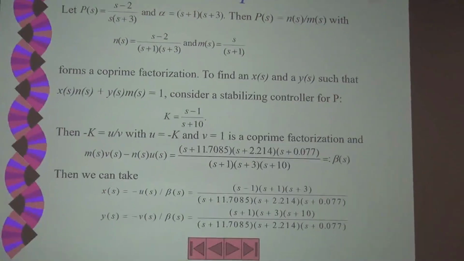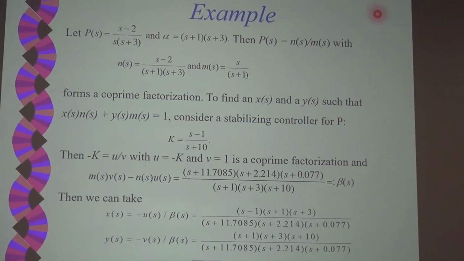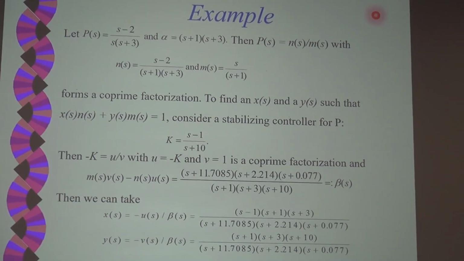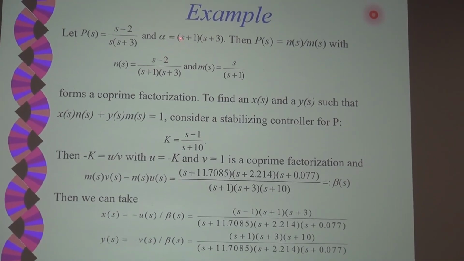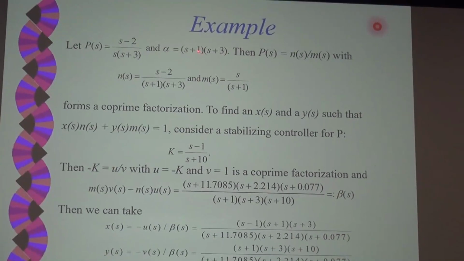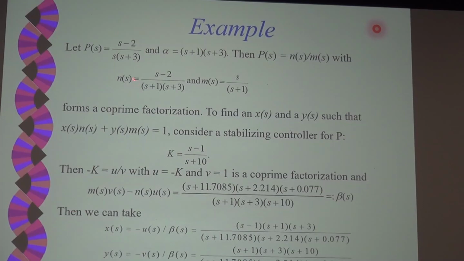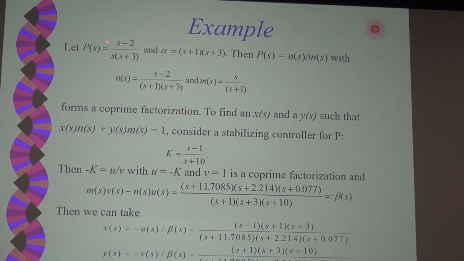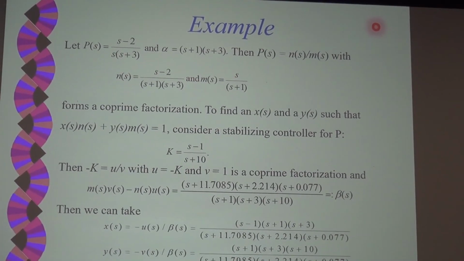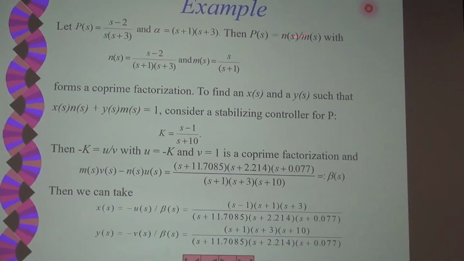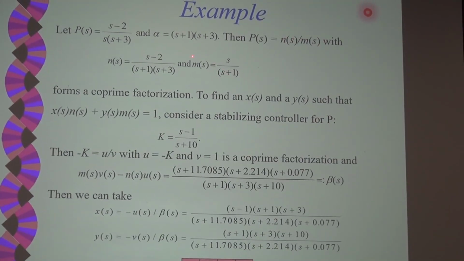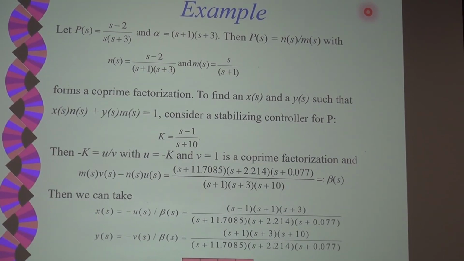We assume we have a common factor like s plus 1. So what I do is N and M, so N divided by M, or N M inverse.